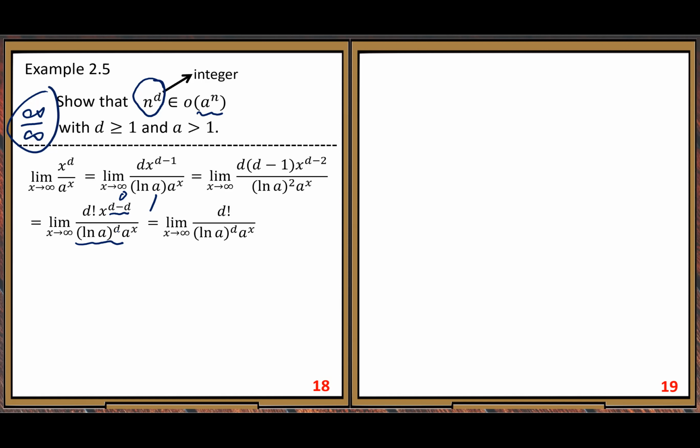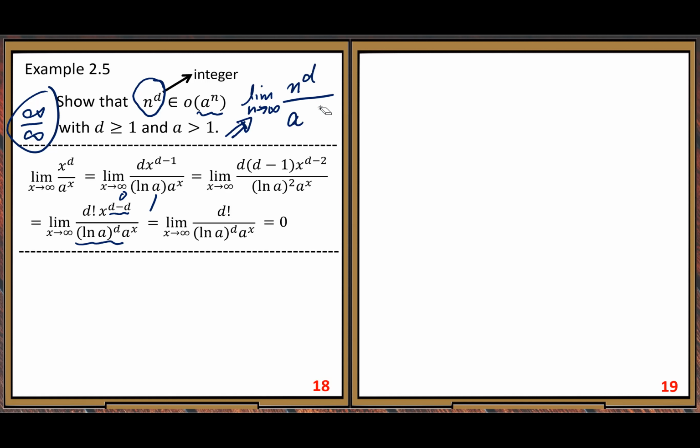So the answer is 0. So for this continuous variable version, the limit of the ratio of the two functions is 0. So we can go back to the discrete variable version, with n going to infinity.